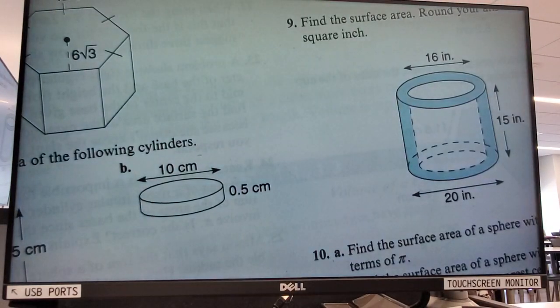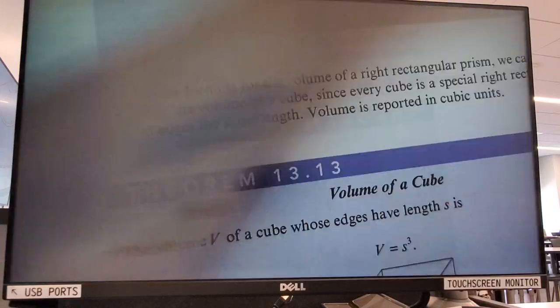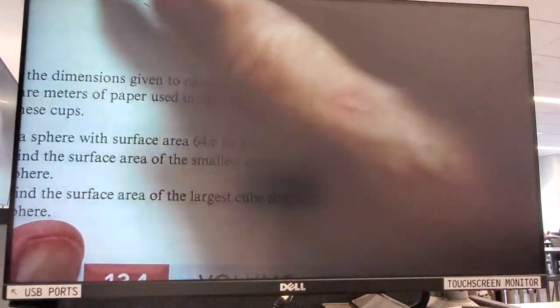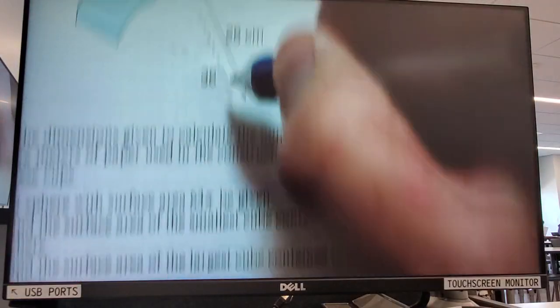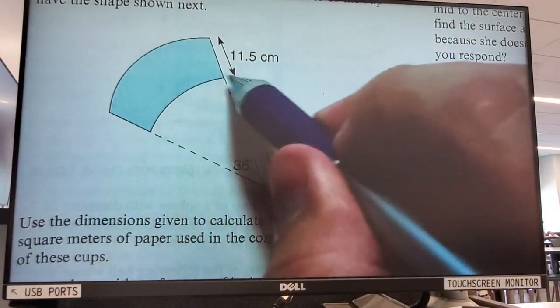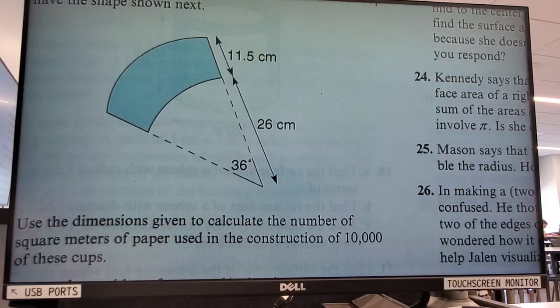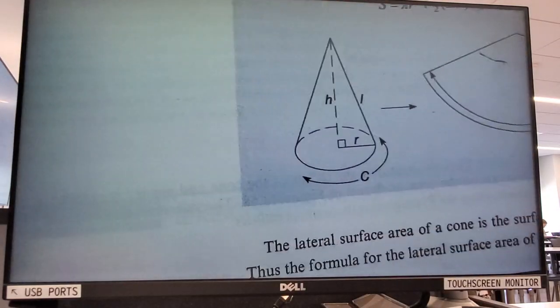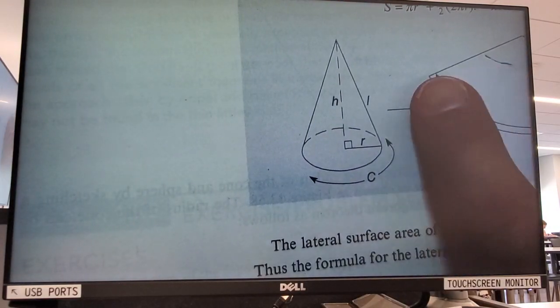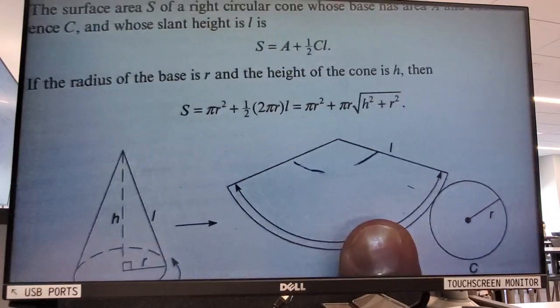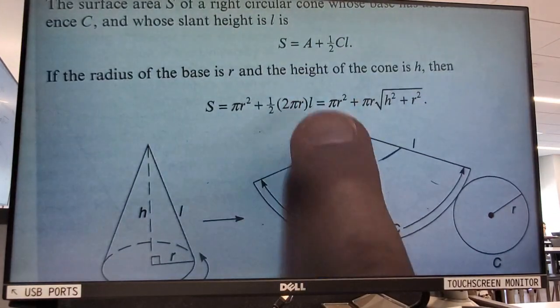So if you look at this like a full cone minus this little cone. Do you see that? Okay. So here is a full cone, and you can see how that leads to the formula they have.